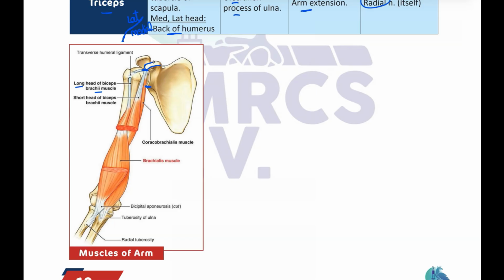Now, the biceps is going to insert on the radial tuberosity of the radius, and the brachialis muscle is going to insert on the tuberosity present on the ulna, whereas the deltoid muscle is going to be inserted at the deltoid tuberosity. So you need to remember the difference between these tuberosities. So deltoid will be inserted on this tuberosity that is present over here on the humerus.